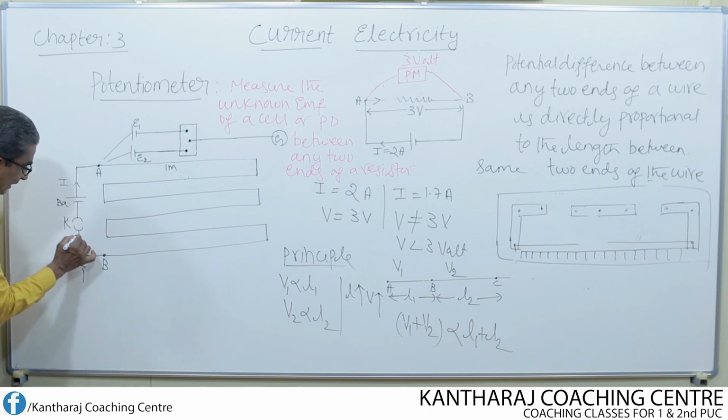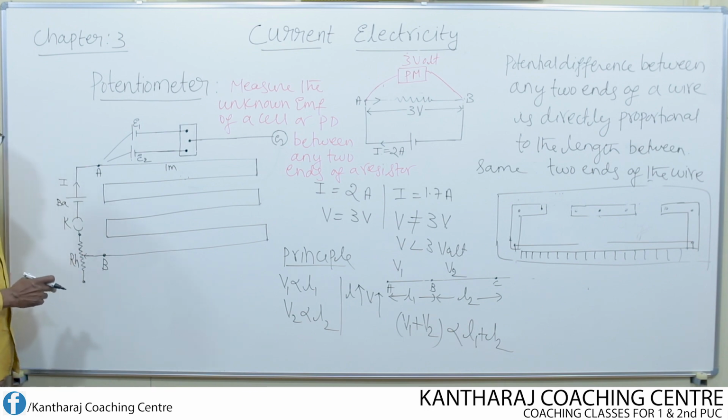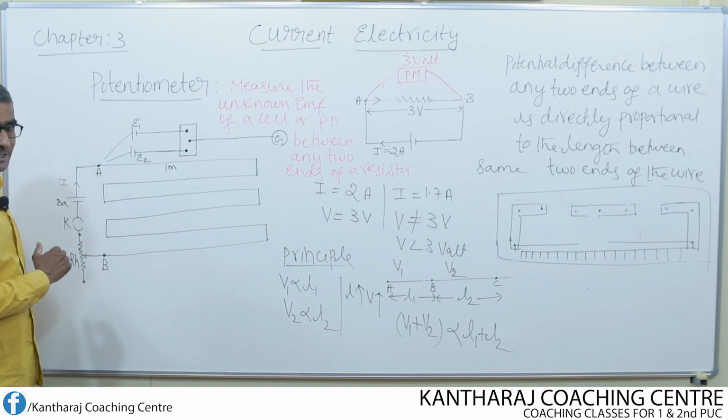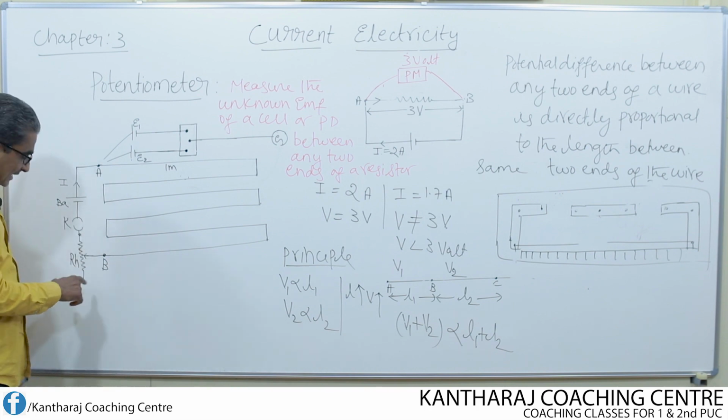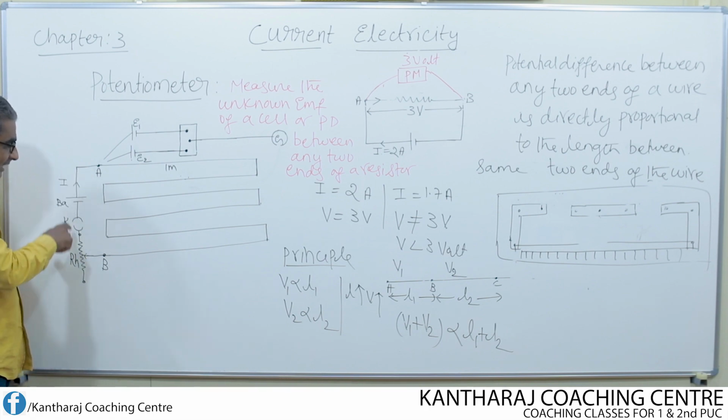Usually rheostat will have three terminals: terminal 1, terminal 2, terminal 3. Two terminals at the bottom and one terminal at the top. So out of three terminals, only two terminals are made use of and one terminal is left dummy, without making any connection to it. So one top terminal and one bottom terminal are connected.